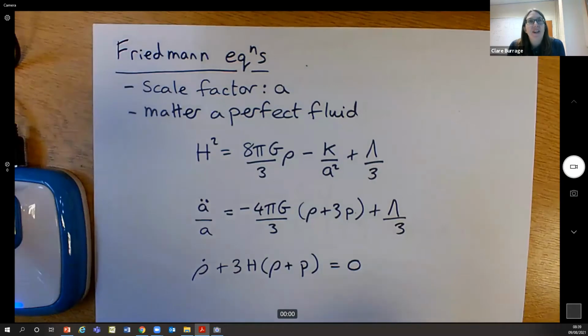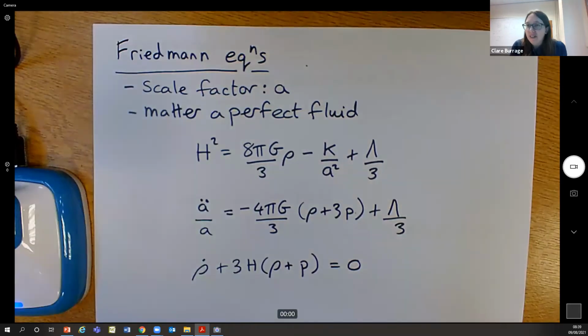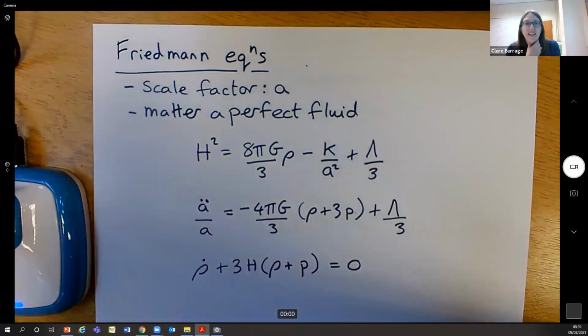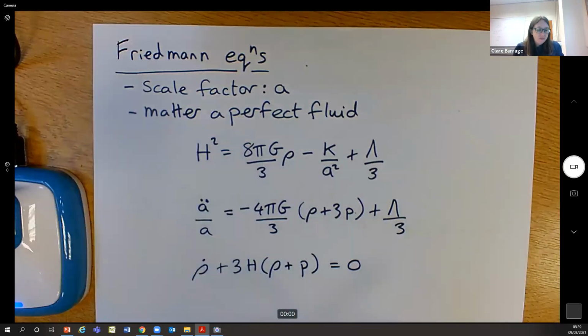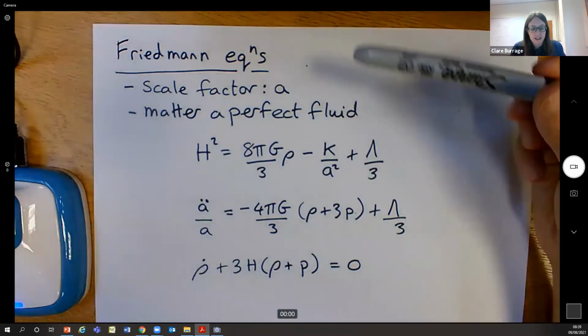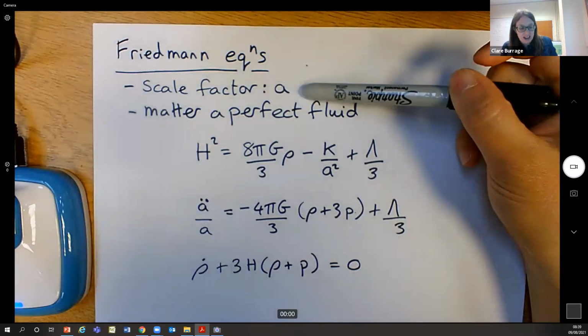And we're going to impose cosmological principles of homogeneity and isotropy. I'm going to say for the moment that our universe is completely uniform. And what I'm interested in is the evolution of the scale factor with time. Okay, so our scale factor in our FRW metric is a.